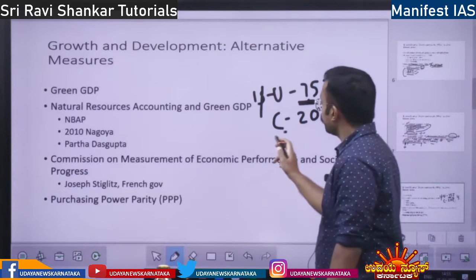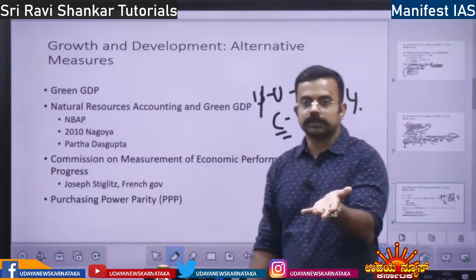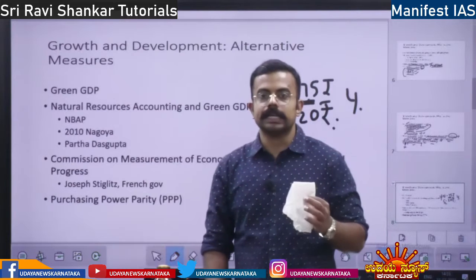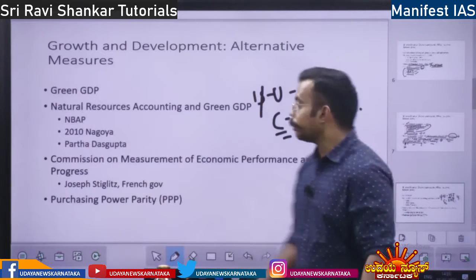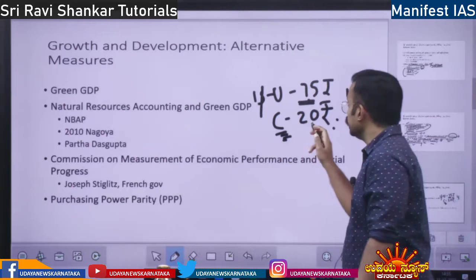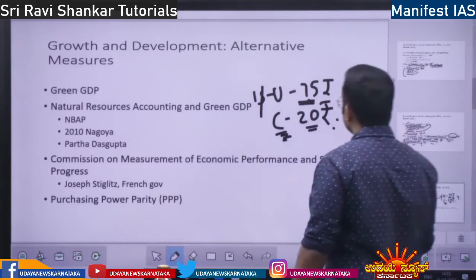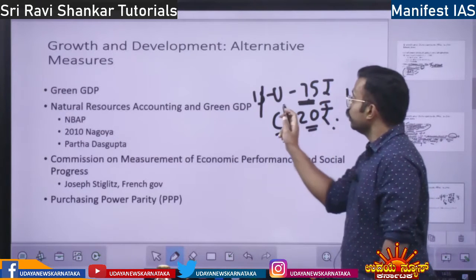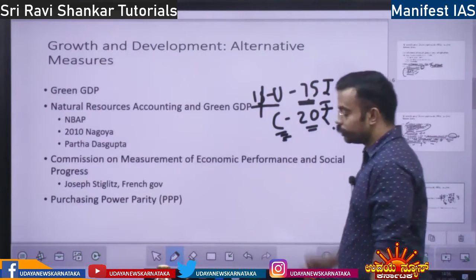So the purchasing power: you purchase something, every currency has a power, how much it can purchase. So the Indian rupee can purchase a coconut at 20 rupees, whereas the US dollar can purchase a coconut at $1. So which currency is more powerful here?